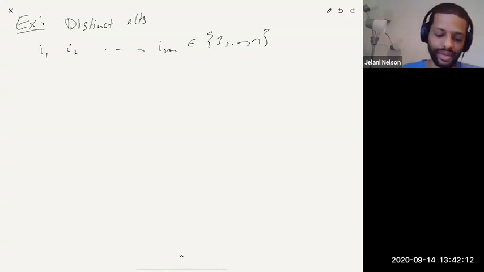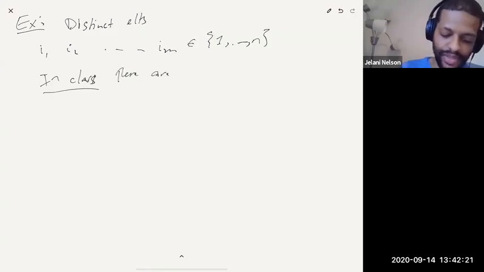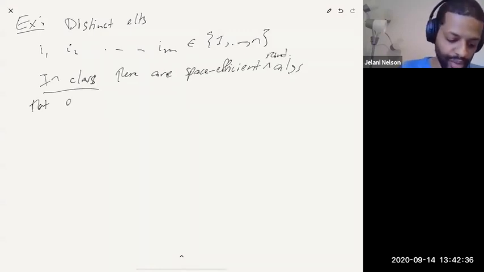So in class, we showed that there are space-efficient randomized algorithms that output T tilde.